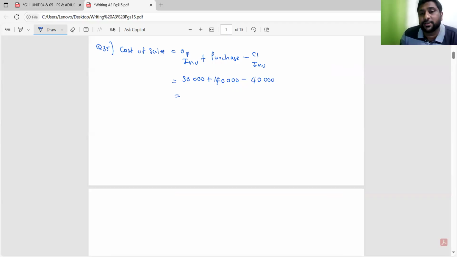Then what is the cost of sales? Cost of sales means the cost of the items that you sold. 170,000 minus 40,000 means 130,000.